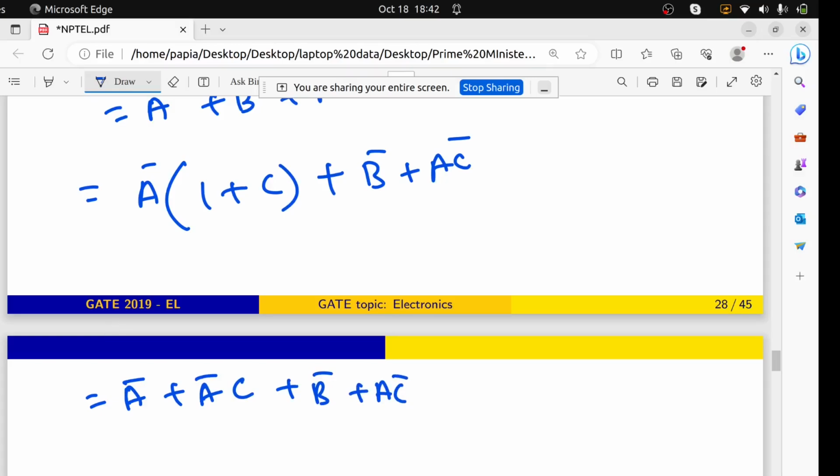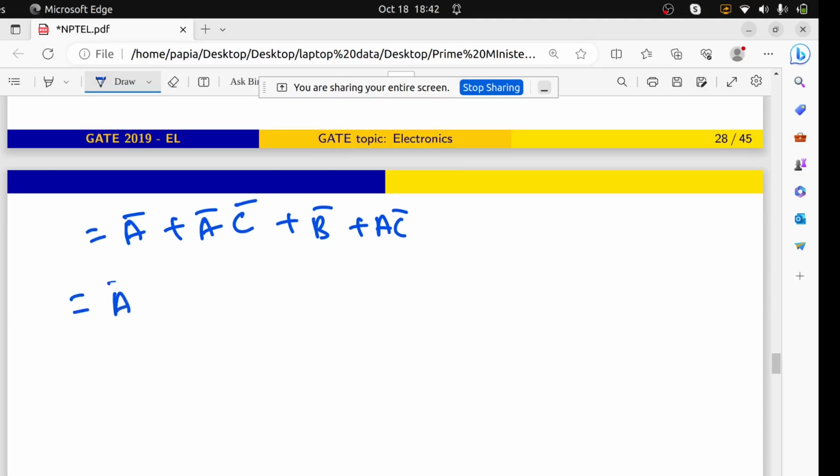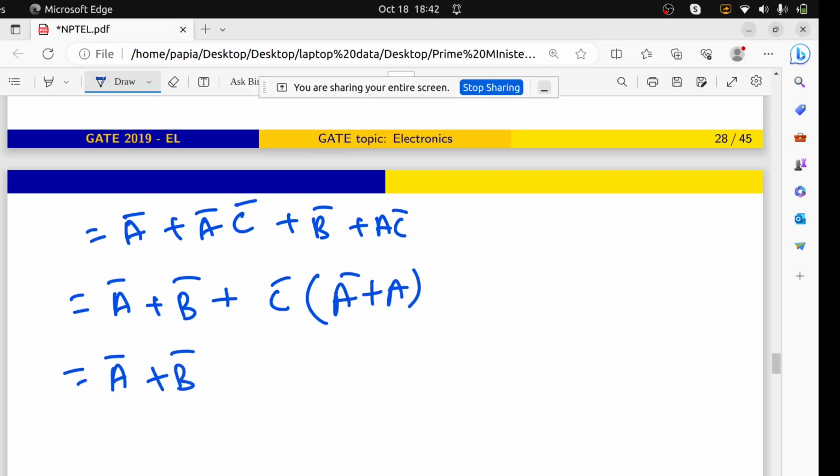Oh no, let me write it C bar. Okay. So then A bar plus B bar plus C bar, A bar plus A. Then what will be the answer? A bar plus B bar plus C bar. It can be written as (A B C) whole bar, right?